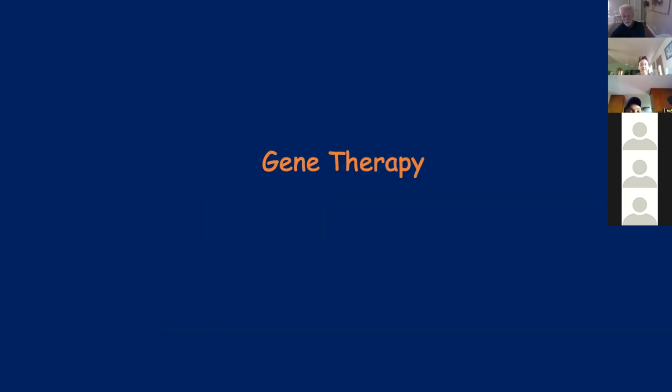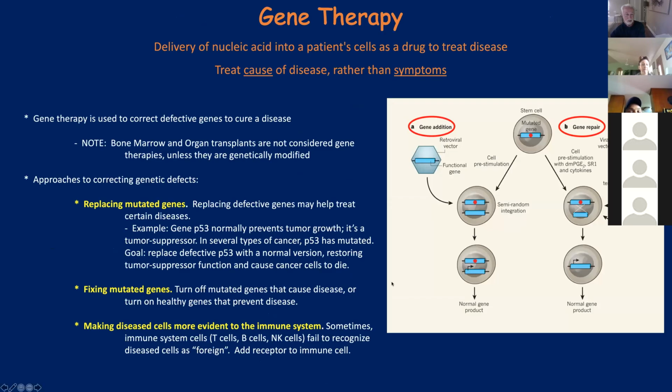Okay, gene therapy. Delivery of nucleic acid into a patient's cells as a drug to treat disease. The approach here is to treat the cause of disease rather than the symptoms. It's really done in one of two ways, illustrated in the diagrams here.